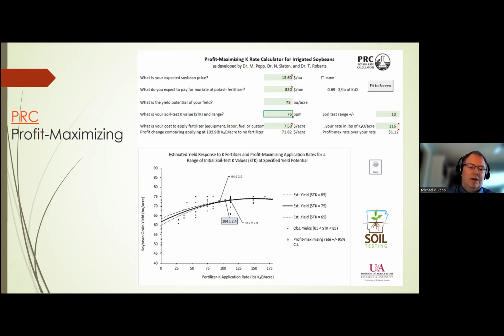And we can talk about that here a little bit later, but these are the yield response curves for those bounds. These dots are actual yield observations from about 15 years of research trials for that soil test K range. And then you figure out where the economic optimum is.